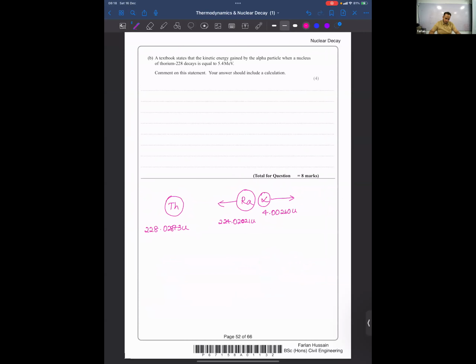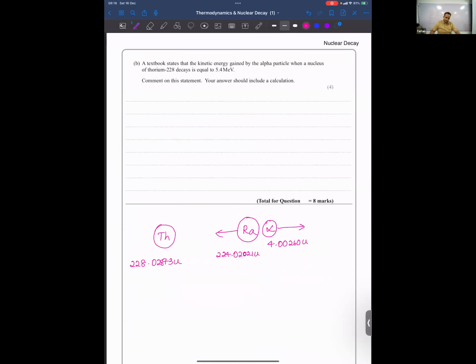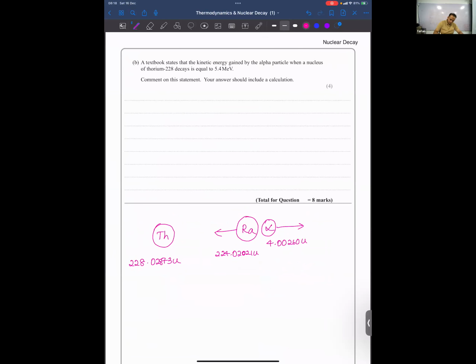Now, let's say the alpha particle moves in this direction with a speed of v alpha, and this recoils with a speed of vr.